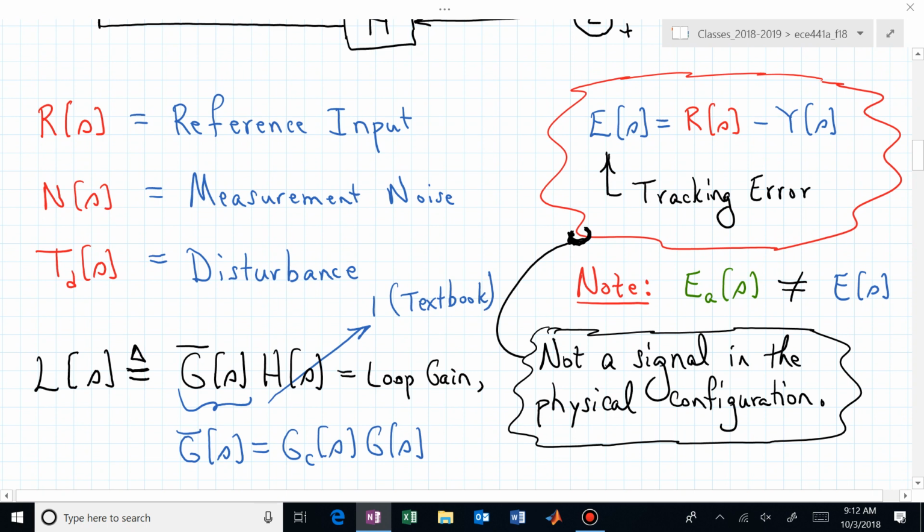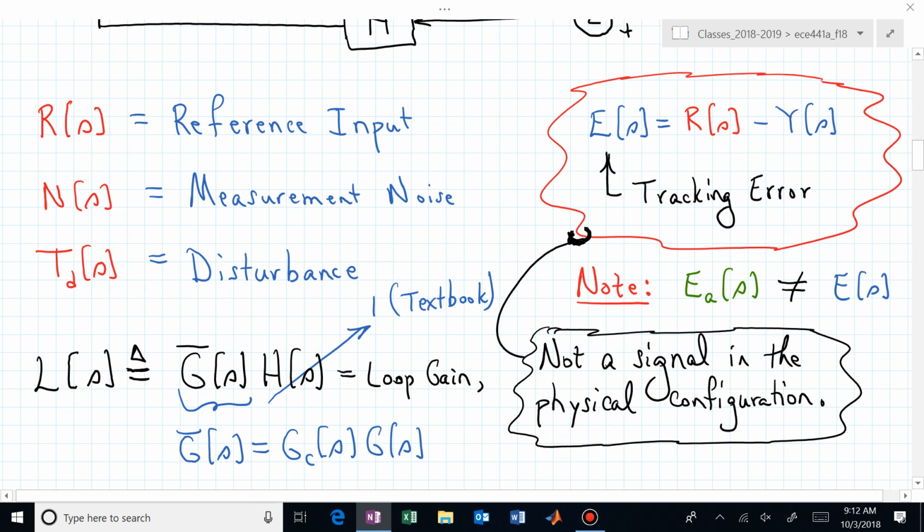One more variable that we will be using today is this new transfer function, capital L of S, called the loop gain. And that's the product of all of those transfer functions in the loop, G sub C, G, and H. And in this, to simplify things, we're just going to go along with the textbook and assume that H is equal to 1.